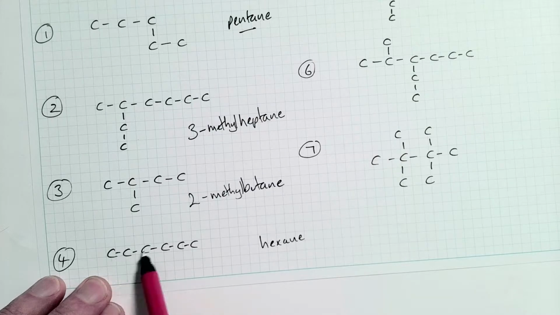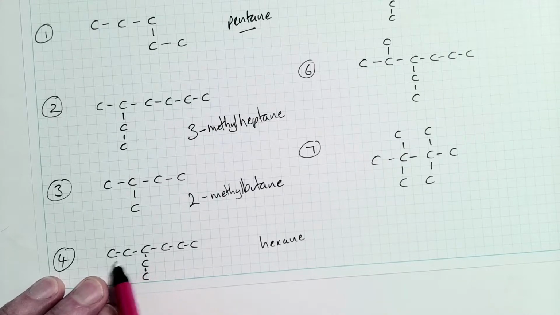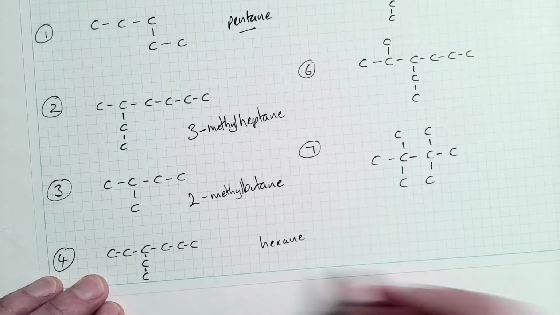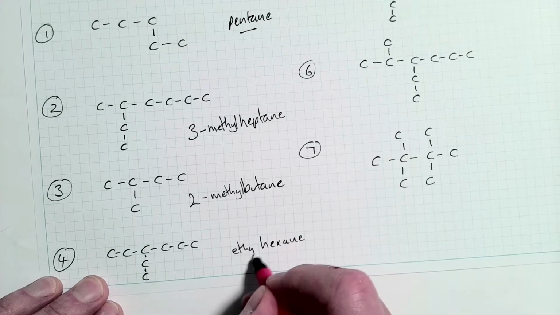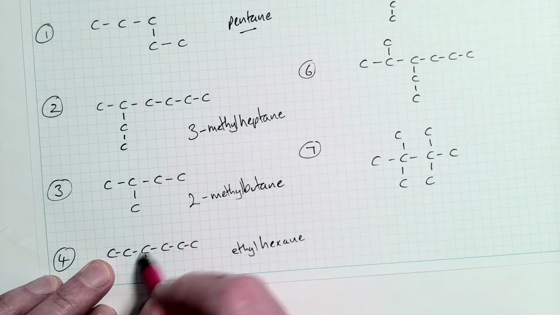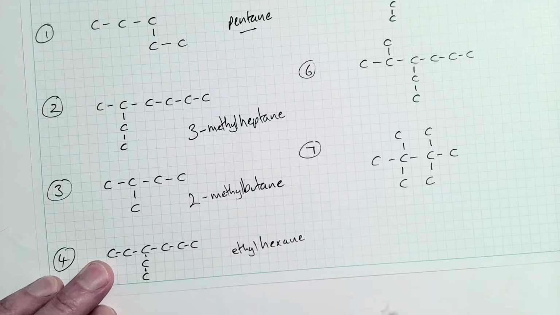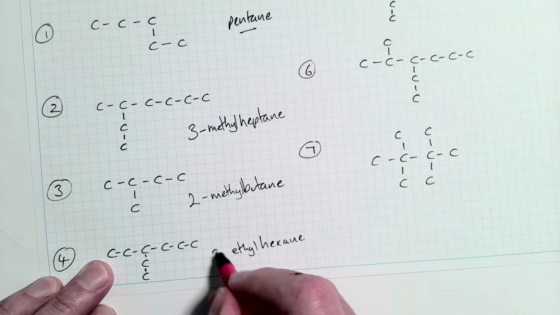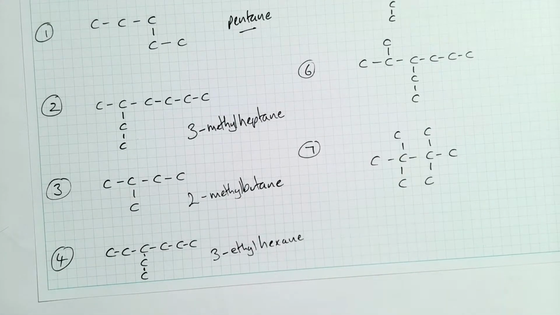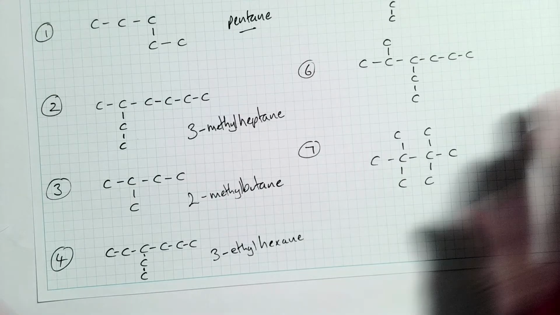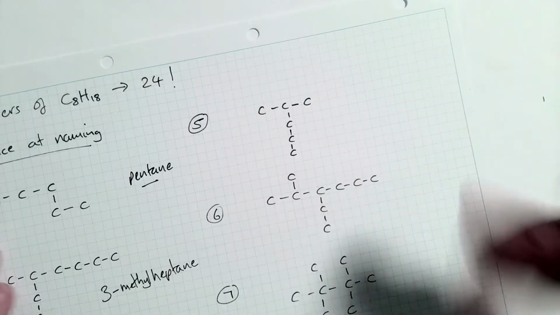Doesn't matter which way we go, it's going to be on the third carbon, isn't it? So we'll write in ethyl first, and then we're going to put it on our third carbon. It's not going to be the fourth carbon, which it would be if we counted from that way. We use the smallest number, so that's going to be 3-ethylhexane. How exciting! We're going well. We've got 4 out of 4 done so far.